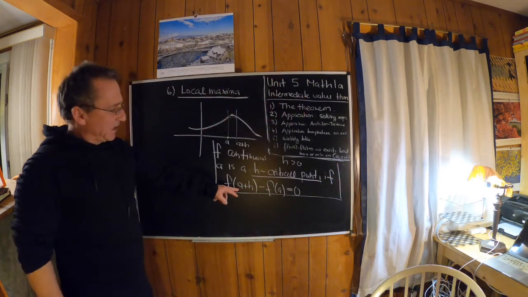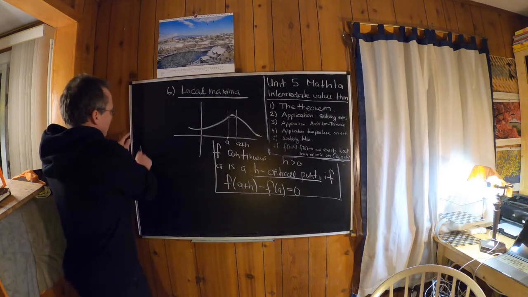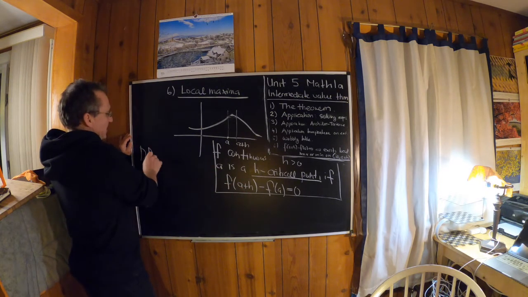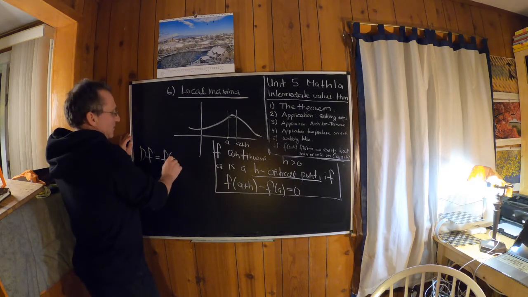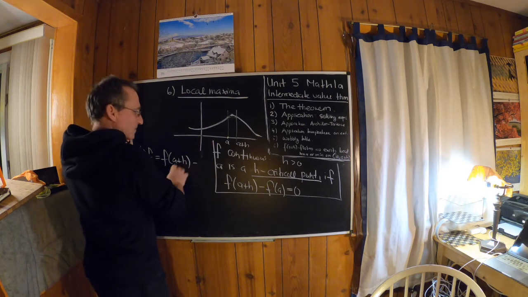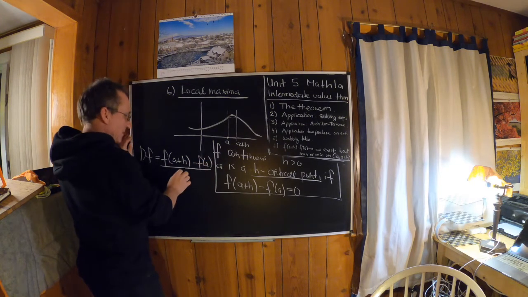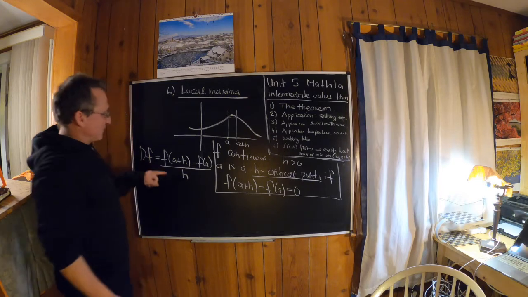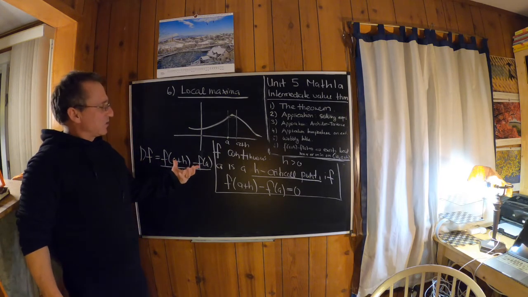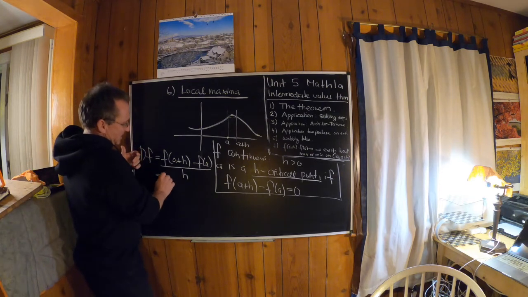So next week we start looking at derivatives, but we can define df as rise over run, and in this case, if that is equal to 0, that's equivalent, right?